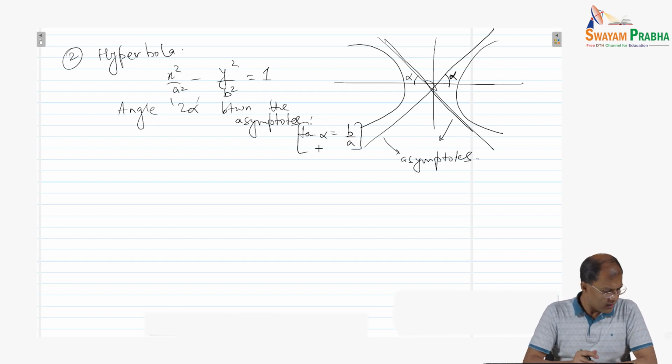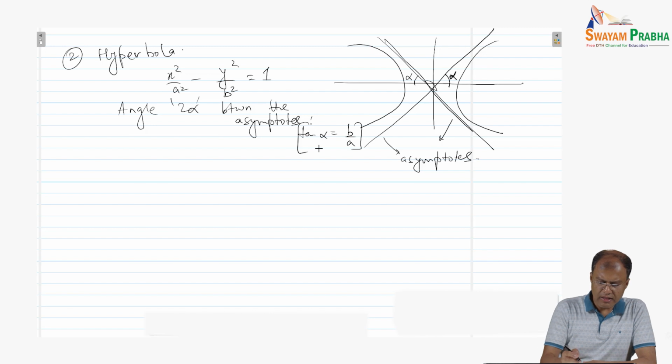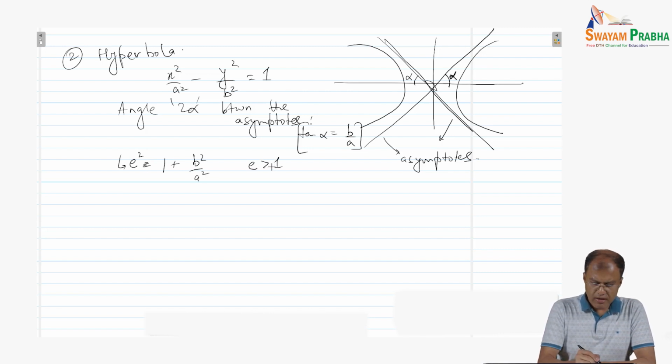In this case the eccentricity of the hyperbola, e squared, is 1 plus b squared by a squared, and the eccentricity is greater than 1.